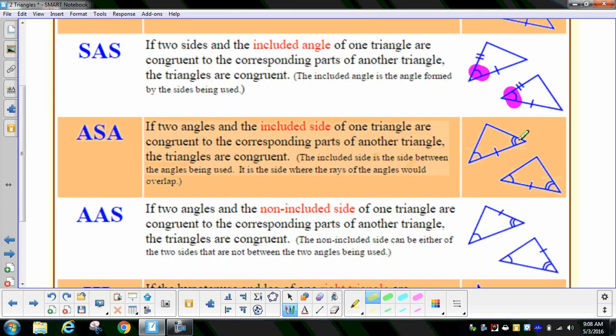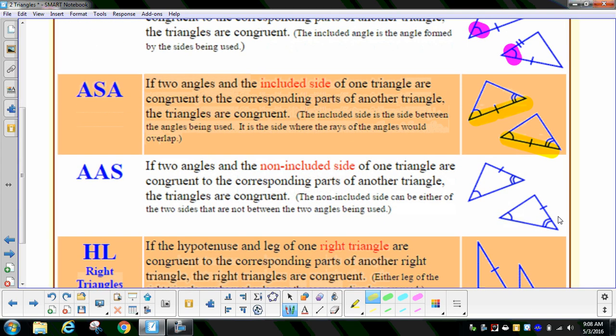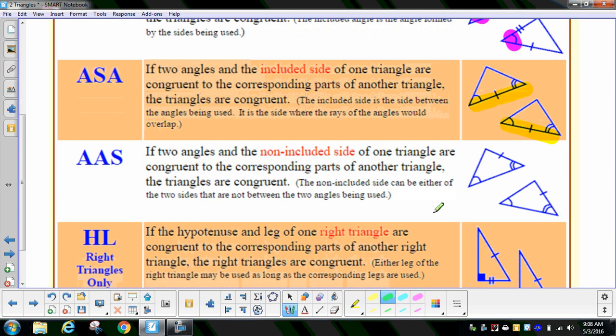If I have two pairs of congruent angles and then the side between those angles, just like that, then it's angle, side, angle. Angle, angle, side is similar. I have two congruent angles again, but notice that the congruent sides are not between the two angles. So that's an angle, angle, side.